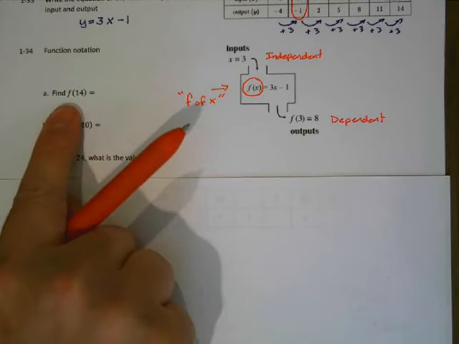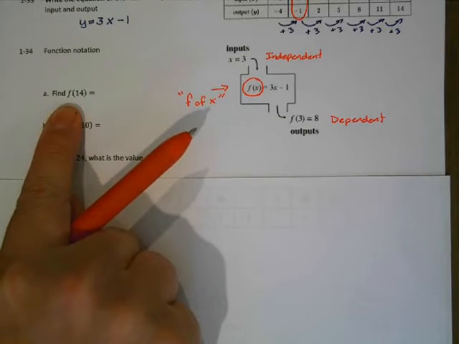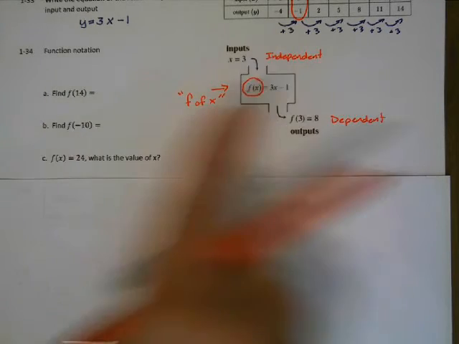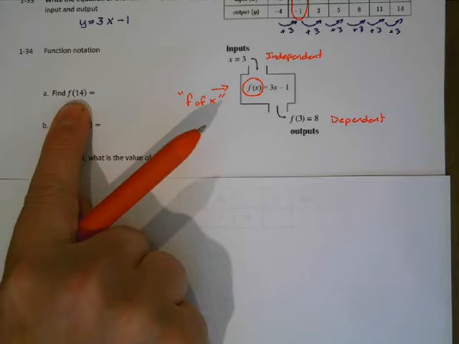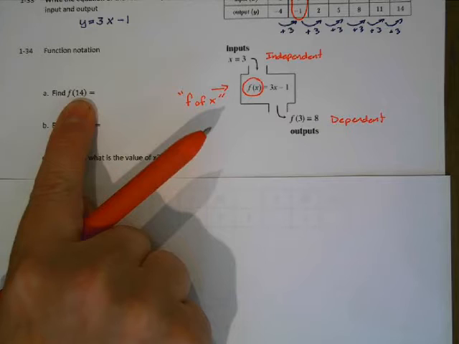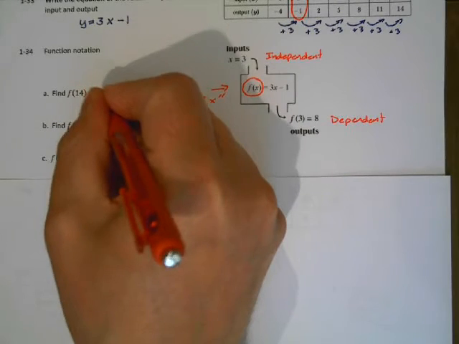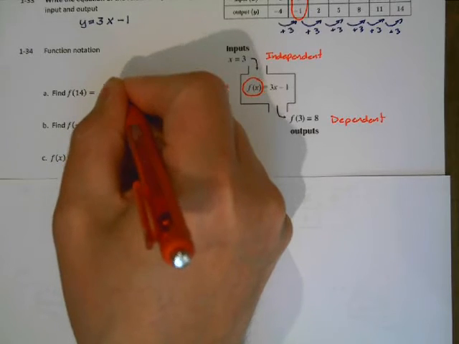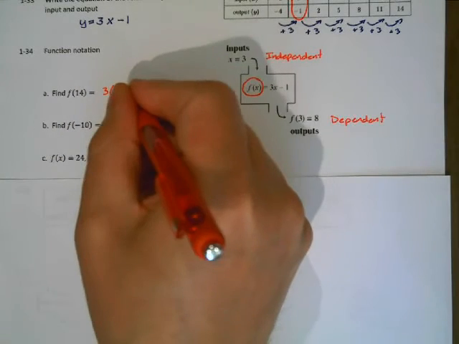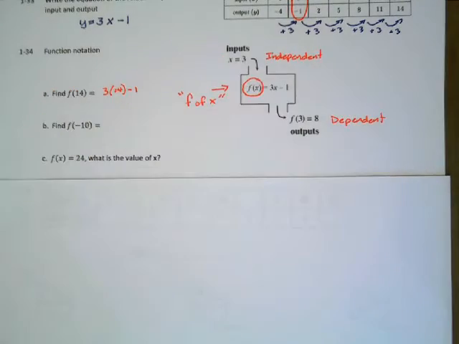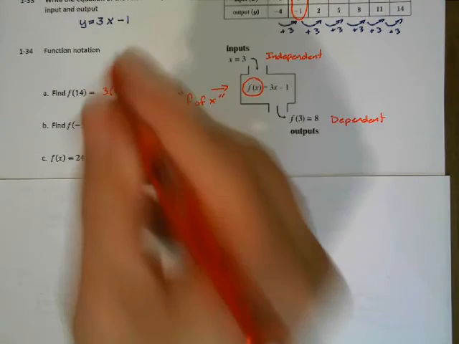So let's look at here. We're going to find f of 14. What this means is I want to know what the output is going to be when the input is 14. So if I plug that in, I'd say, okay, 3 times 14, and then I would subtract 1. So 3 times 14, I think, is 42.